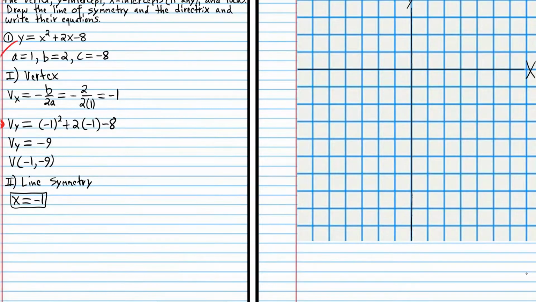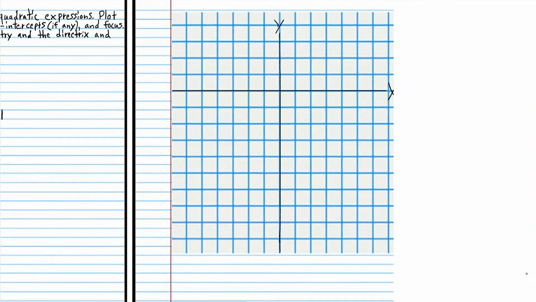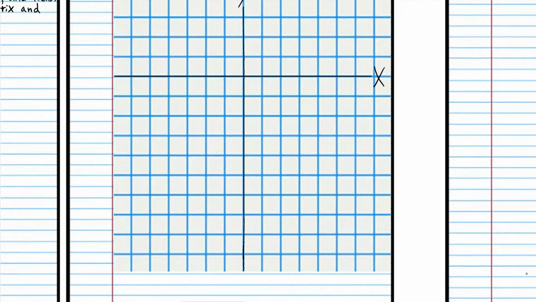And by the way, we should probably plot these. So negative 1, negative 9. So it's going to be 1, 1, 2, 3, 4, 5, 6, 7, 8, 9.